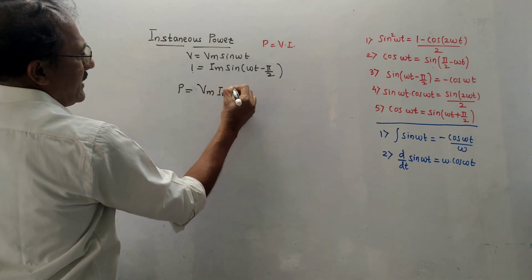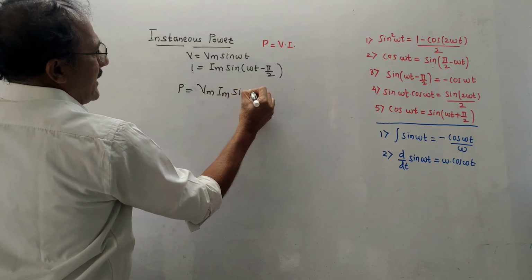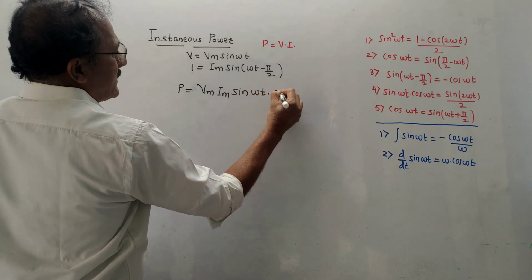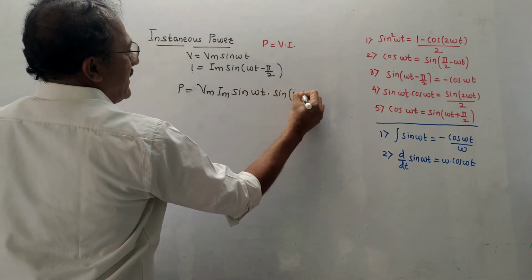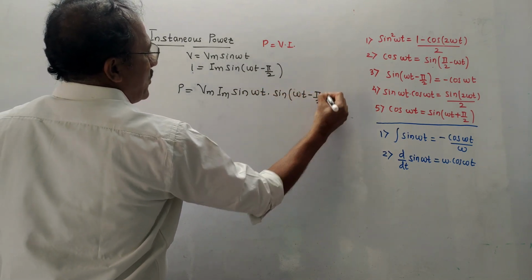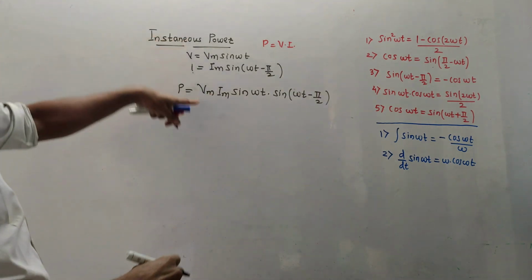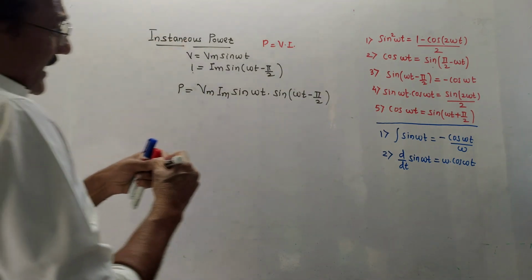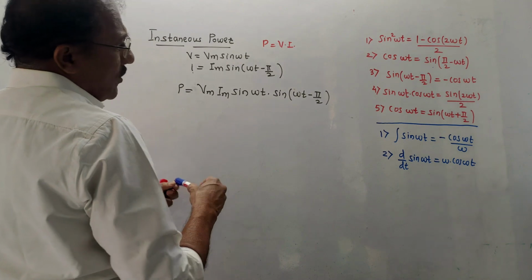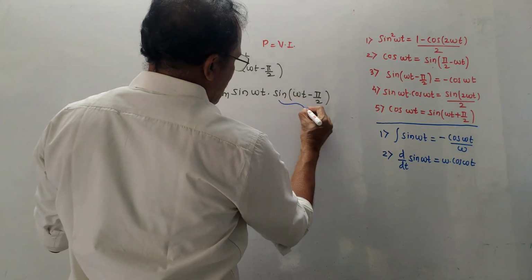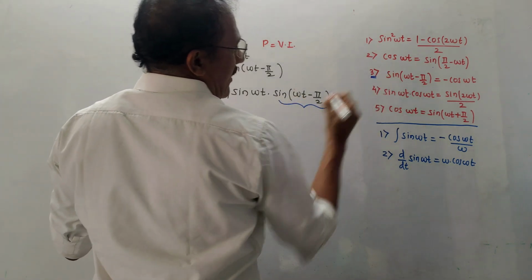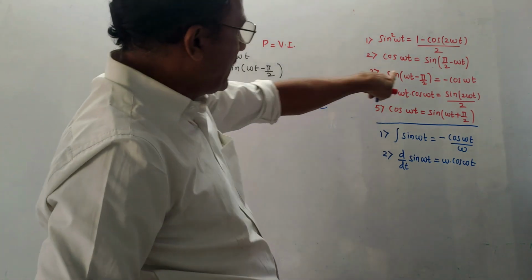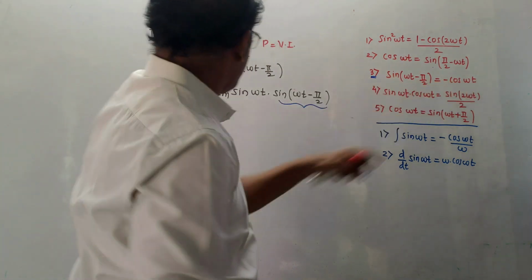So I am writing Vm Im sin omega t into sin omega t minus pi by 2. Simply the multiplication of V and I. For this second term, I need to make use of the identity. So look at this term, we have identity number 3: sin omega t minus pi by 2 is minus cos omega t.